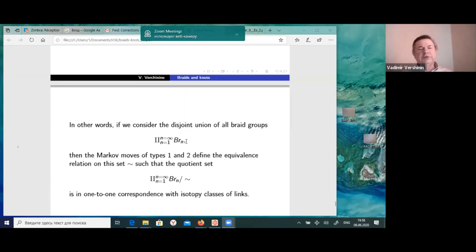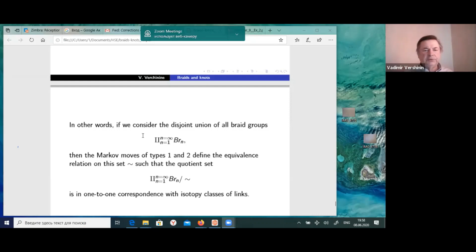You have just a group of one element. For B2 you have Z. For B3 you have the group of the trefoil and so on. And at that moment they are all disconnected. You just make a disjoint union of all of them.